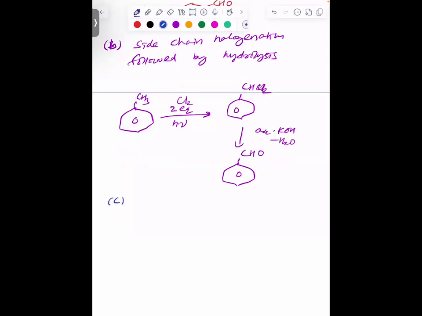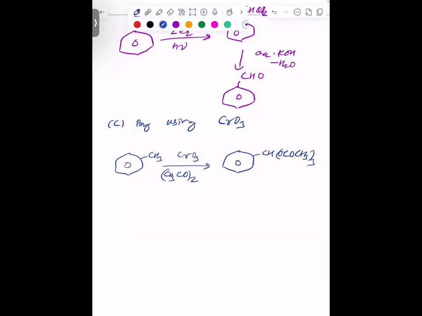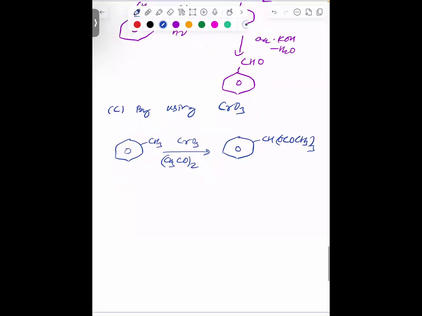Next, by using chromic anhydride, if you are taking toluene and CrO3 with acetic anhydride, so 2 hydrogen atoms will be replaced to form the diacetate.